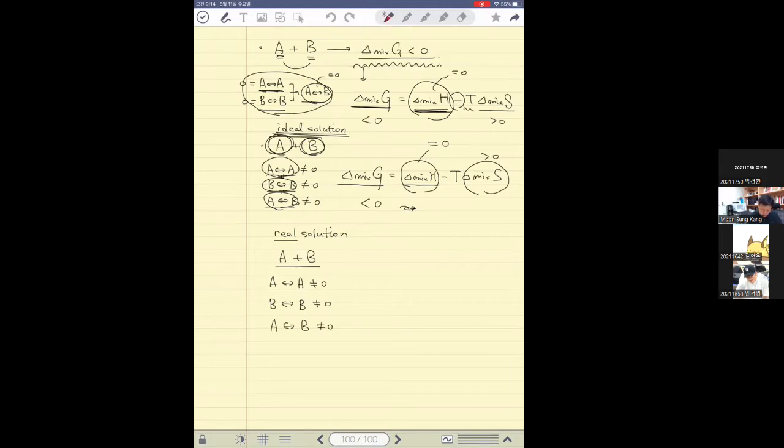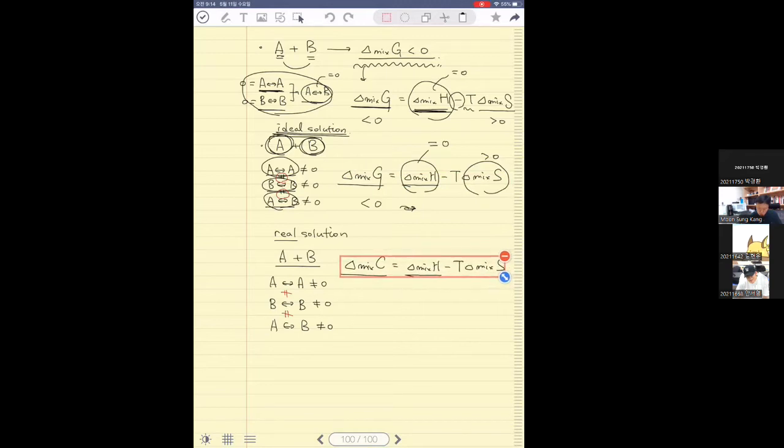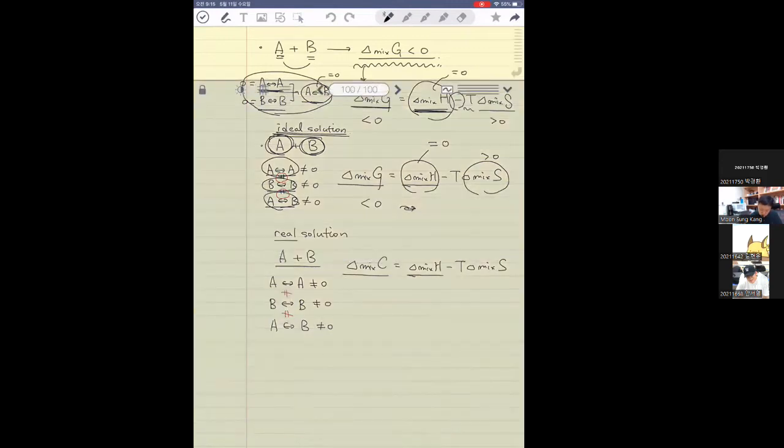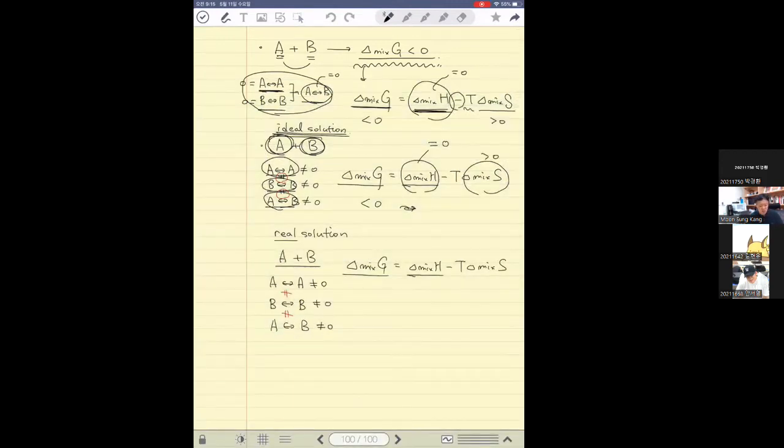But different from the ideal case, where we had the same interaction between A and A, B and B, and A and B, the interaction here is going to be different. And this interaction is also going to be different. And in this case, if we define the Gibbs energy of mixing, things become a little bit more complicated, because now the enthalpy change upon mixing is no longer necessarily equal to zero.